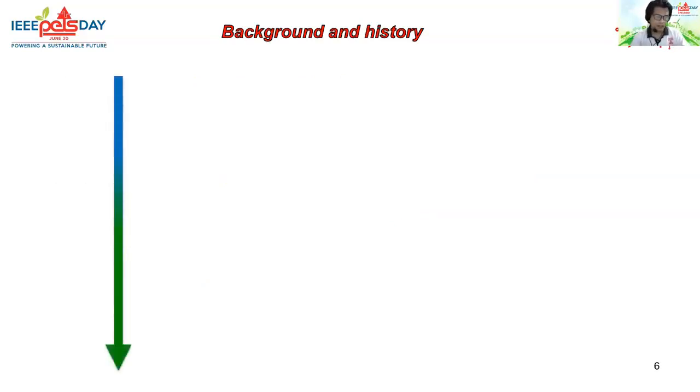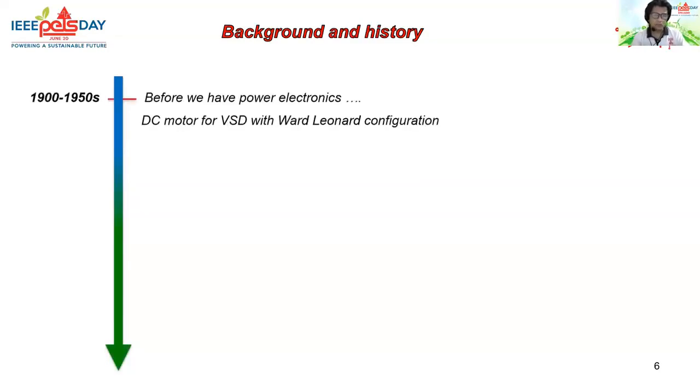Let's look back a little bit at the history of high performance motor drives. Before power electronics was introduced, high performance speed control for any application which required precise speed or torque control was performed using multi-machine configurations, known as the Ward-Leonard configuration.